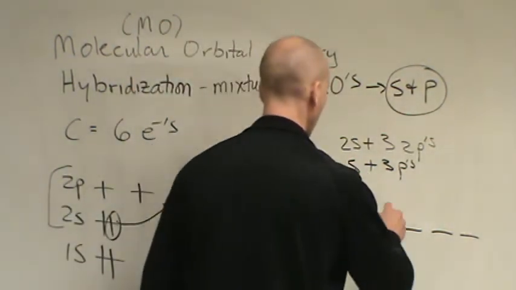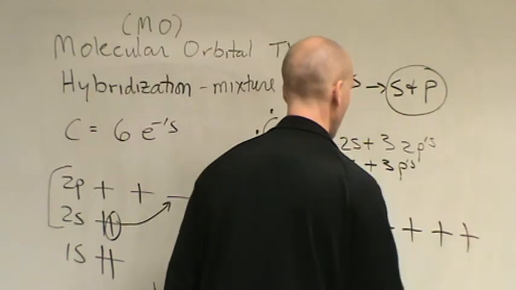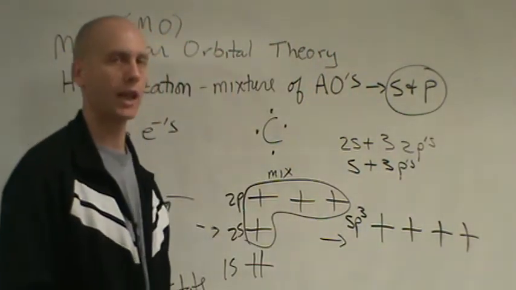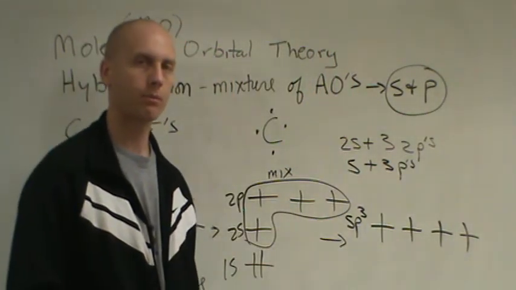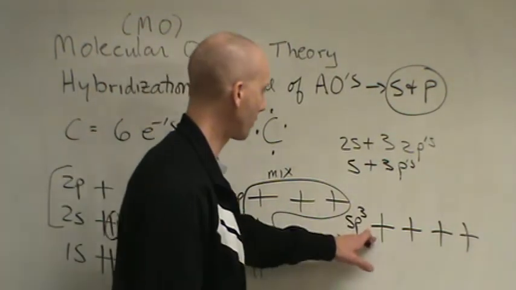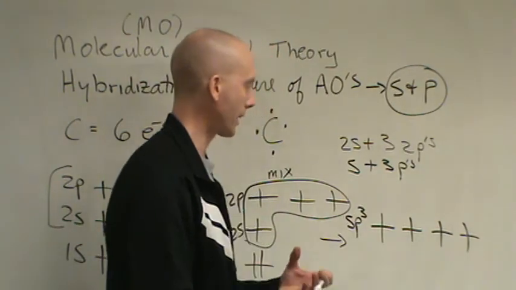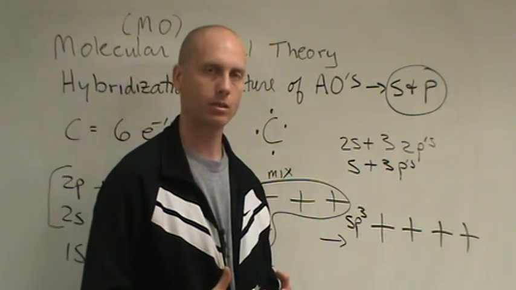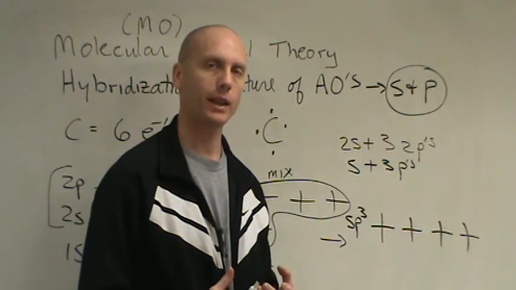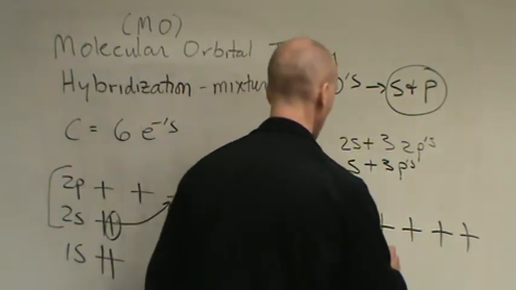And so I have 1 electron in each of those slots. So these here are the atomic orbitals that carbon will bond in. And these are what? Hybridized atomic orbitals.